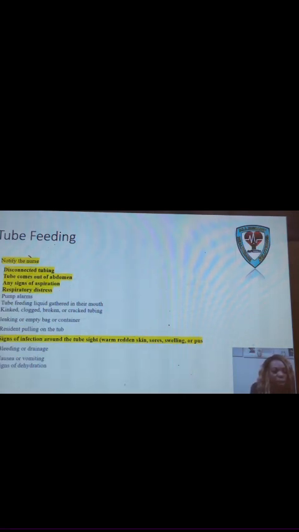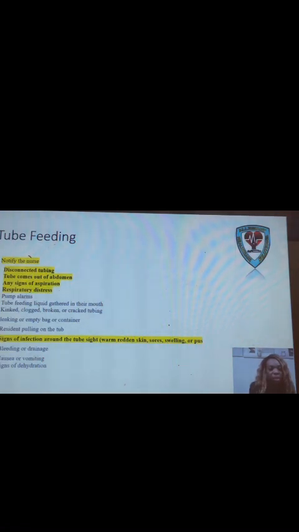Notify the nurse if the pump alarms, if the tube feeding liquid begins to gather in the resident's mouth, if the tubing is kinked, clogged, broken, or cracked. You want to notify the nurse if the resident is pulling on the tube. You want to notify the nurse if there are signs of infection around the tube site.